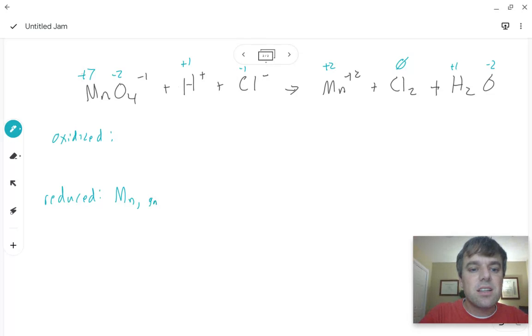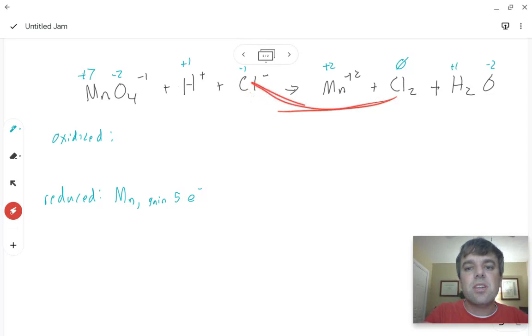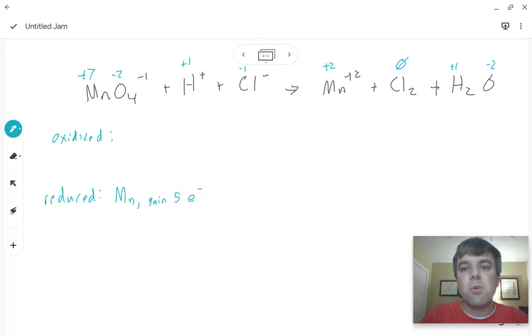It gained 5 electrons. And then the thing that is oxidized is the chlorine. It's becoming more positive, going from -1 to 0. And each chlorine gains 1 electron, which might seem simple enough, but let's try looking at some half reactions here.